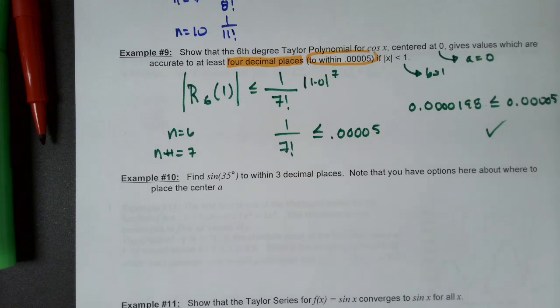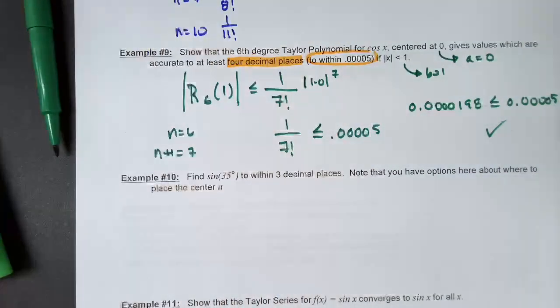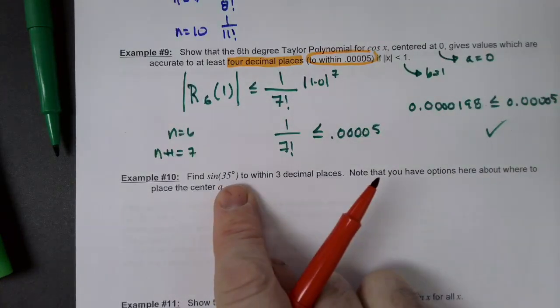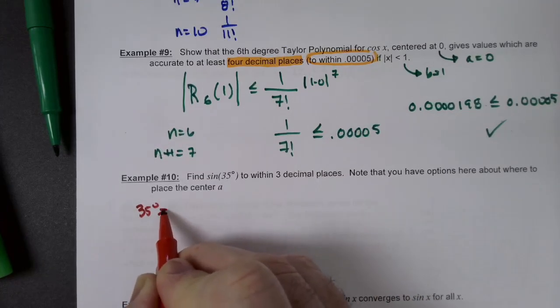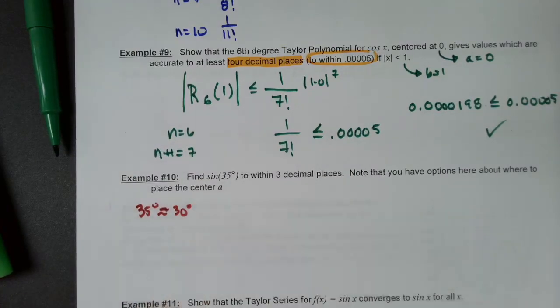Next, it says, let's find the sine of 35 within 3 decimal places. And note that you have options here for where to place the center. So, this one, we know 35 degrees is pretty close to 30 degrees.